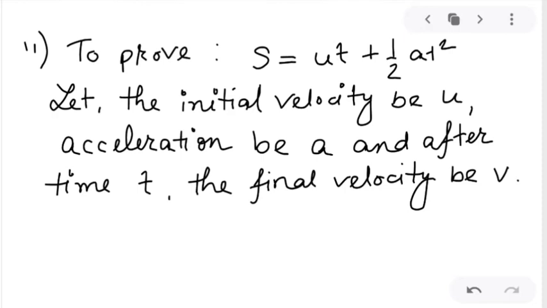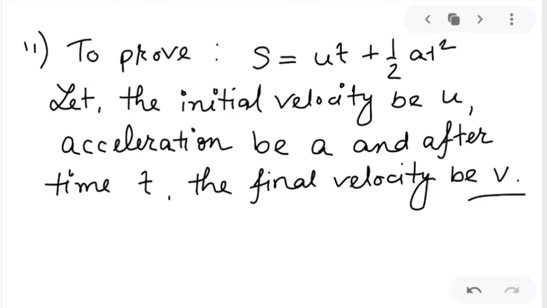After time t, because the body is moving with acceleration a, its velocity will change. So after time t the final velocity be v. Now we have already discussed the concept of average velocity.